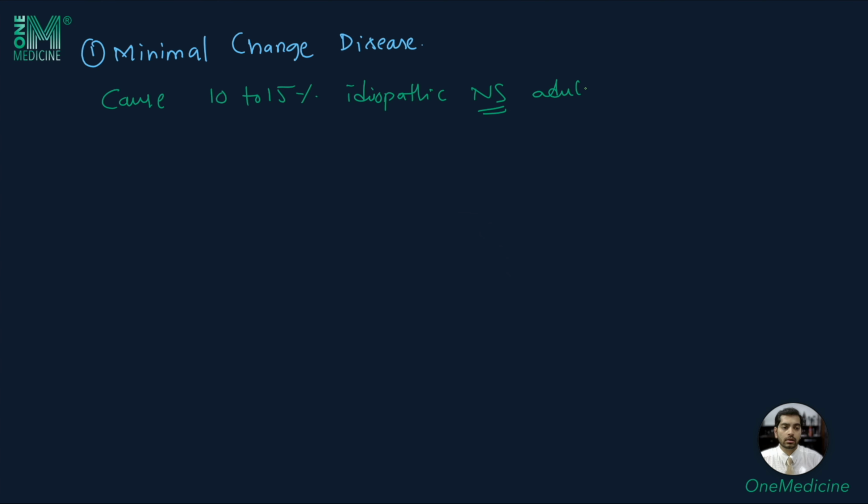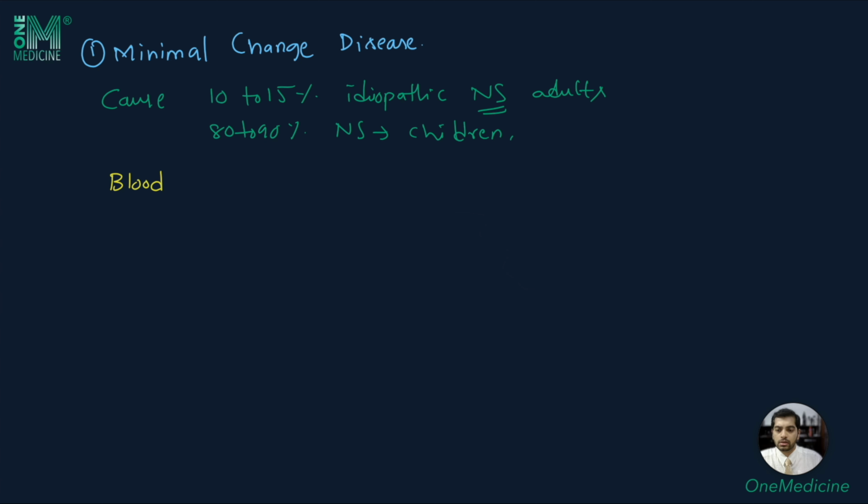The first one is minimal change disease. This is the cause for about 10 to 15% of the idiopathic nephrotic syndrome in adults and contributes to 80 to 90% of nephrotic syndrome in children.